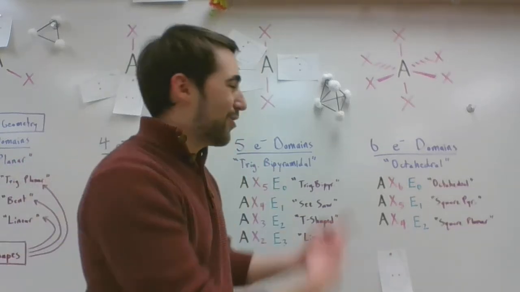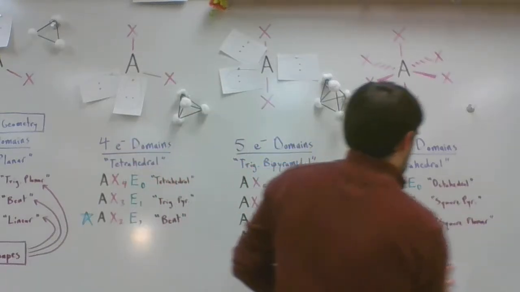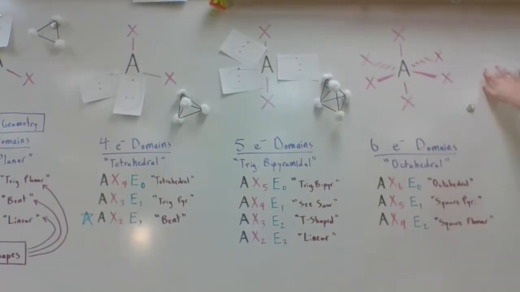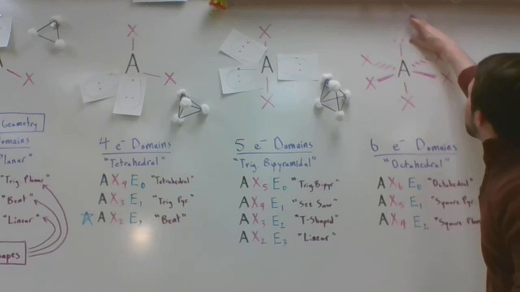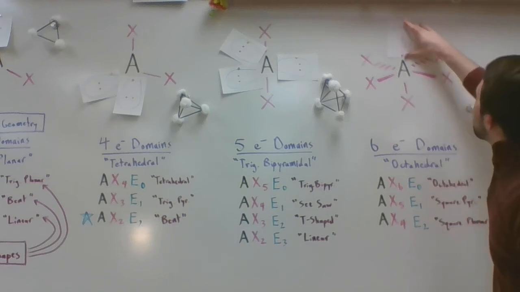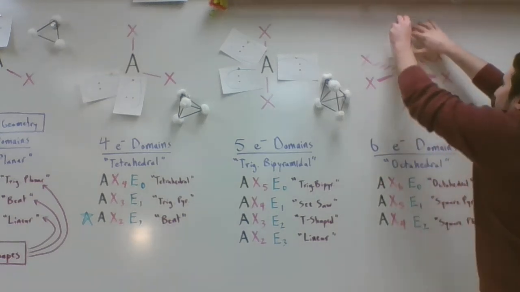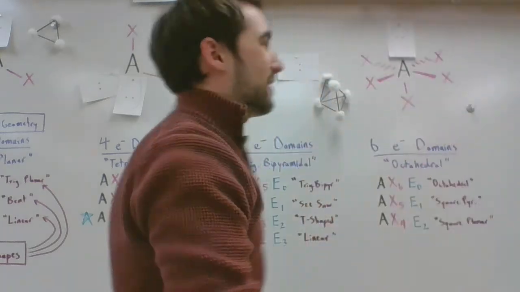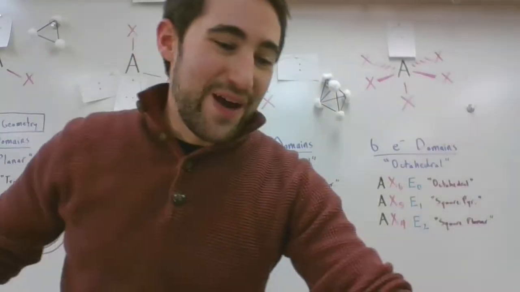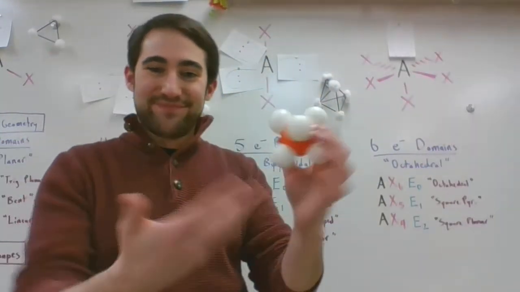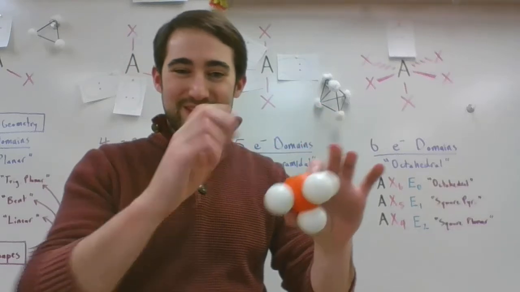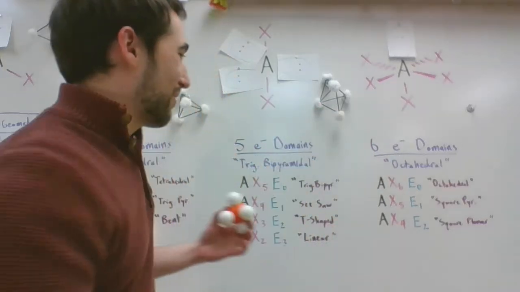Now, if you throw on a lone pair of electrons, something like that, it doesn't really matter where you take it away from because they're all the same distance apart from each other. So this would be our first one.